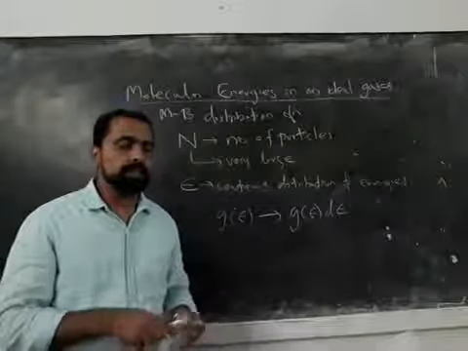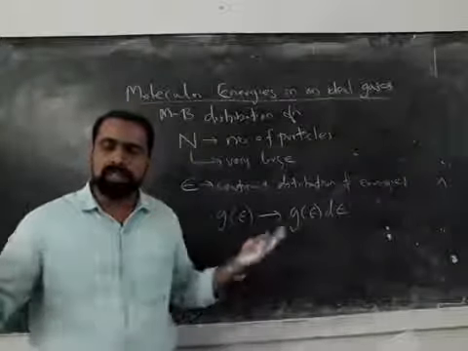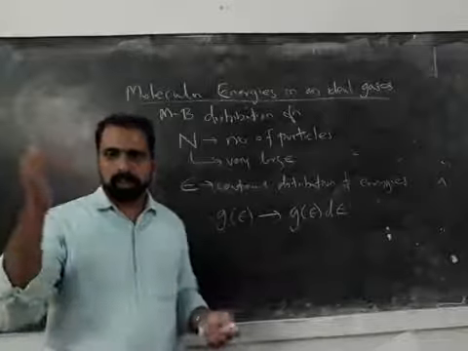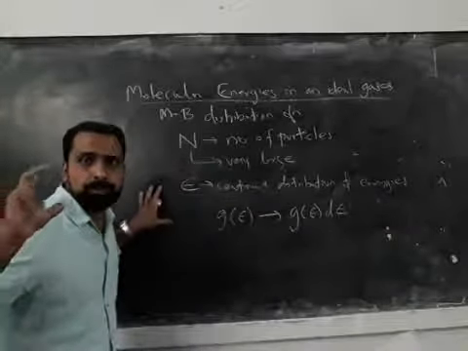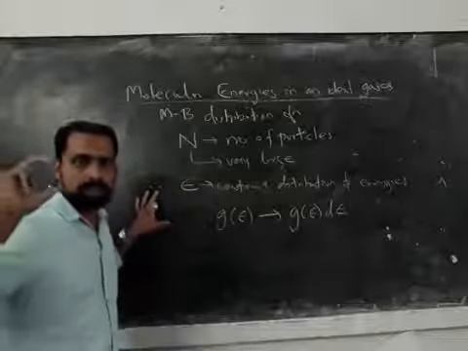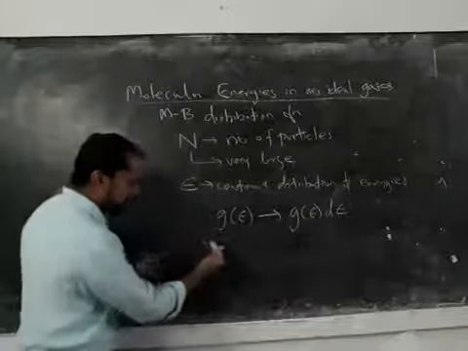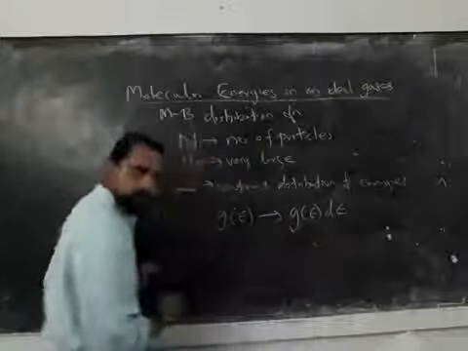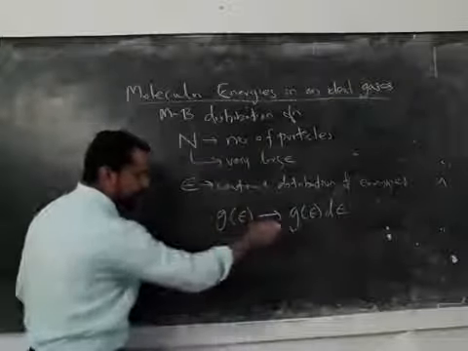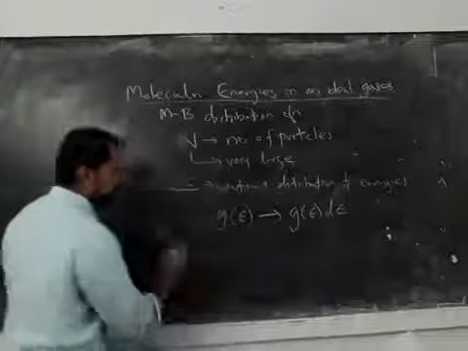Okay. So if you have plenty of levels, or a continuous energy distribution, then you have to find the number of molecules whose energy is between a certain value of epsilon and epsilon plus d epsilon. Like here you wrote g epsilon d epsilon.